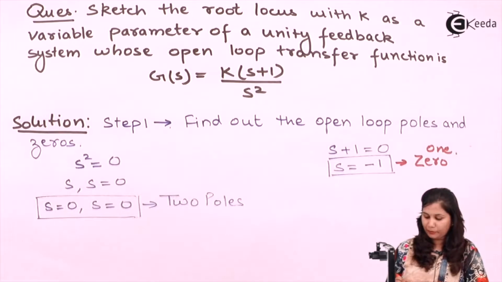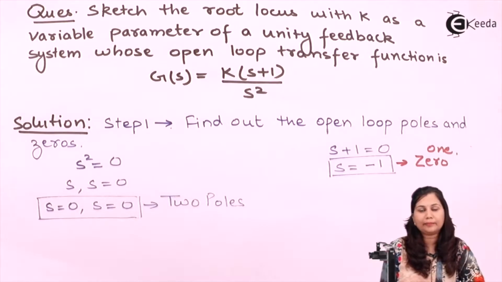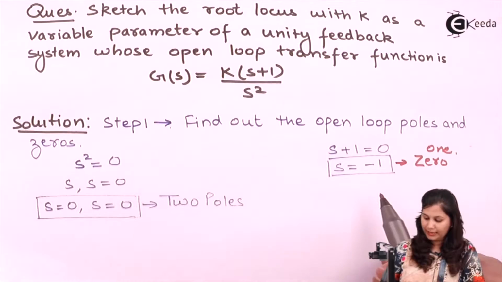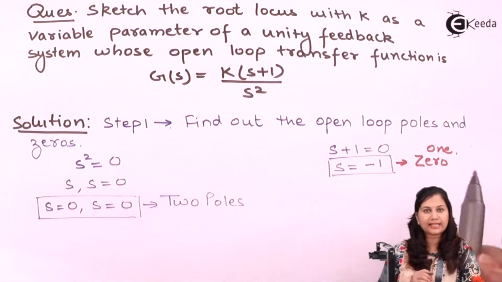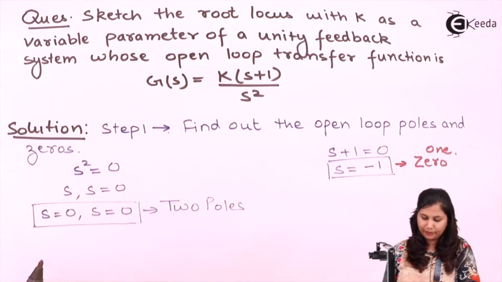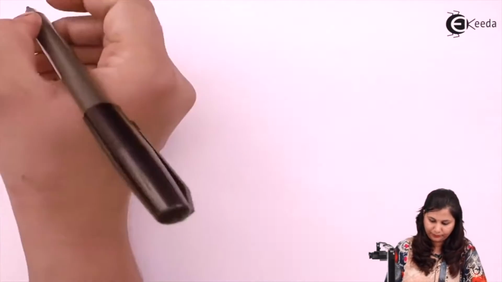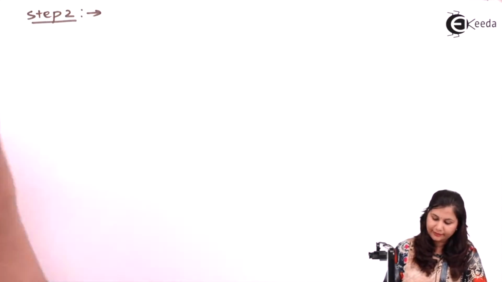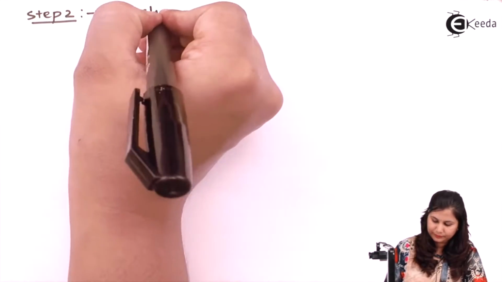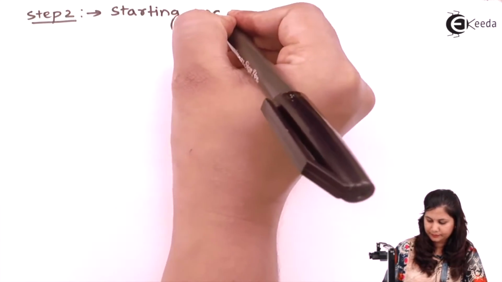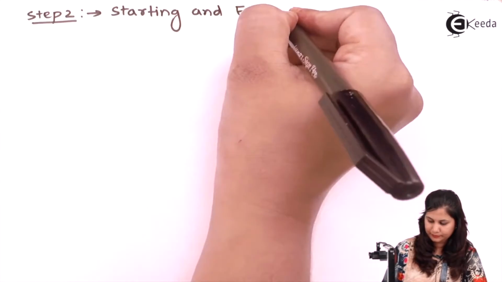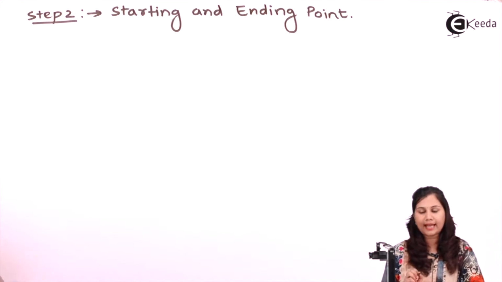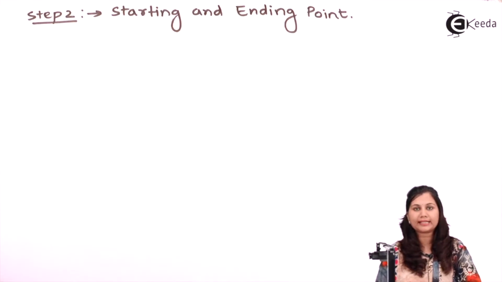Now our second step will be to find out the starting and the ending point of the root locus. The root locus starts from the poles and terminates at the zeros.